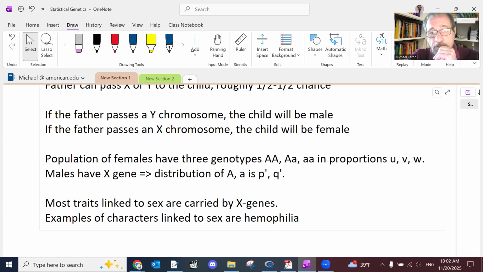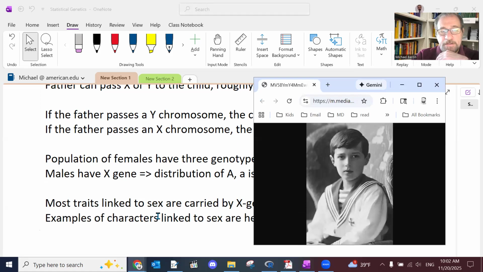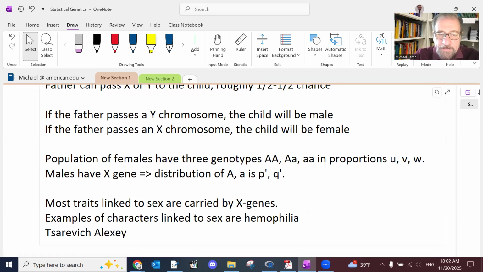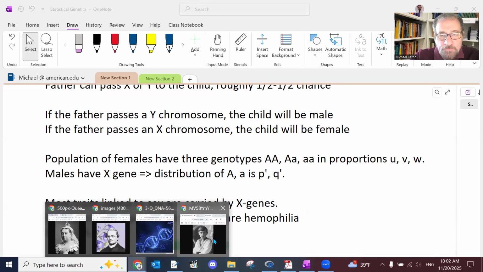The blood doesn't clot. An example, the historical example is Russian Prince Alexei, often called Tsarevich Alexei, it's a Russian word for a prince.